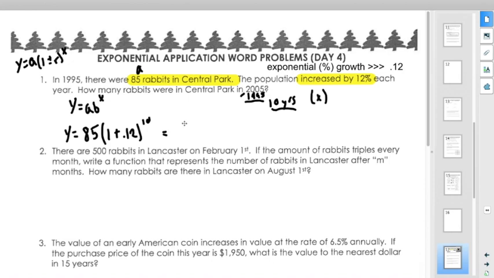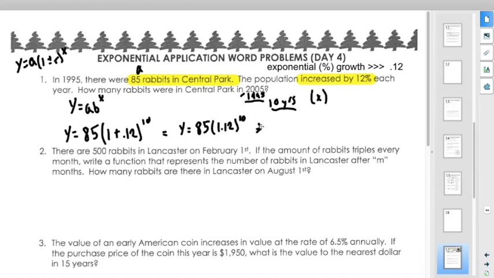So let's rewrite this as y equals 85 times 1 plus 0.12, which is 1.12, raised to the 10th power. And again, pull out your calculator.